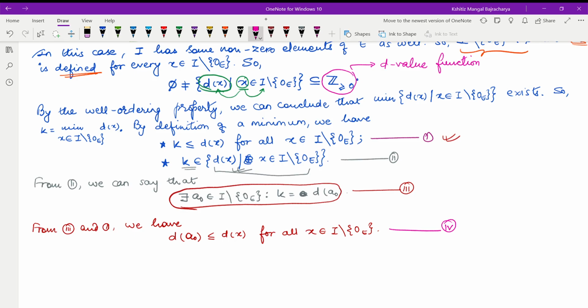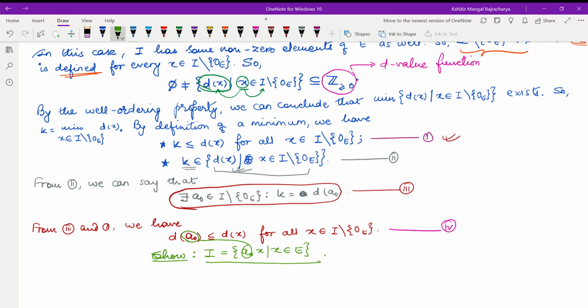Now what we want to do is show that I is equal to a0x, x belongs to E, where this a0 is obtained from statement 4, or you can say from statement 3.